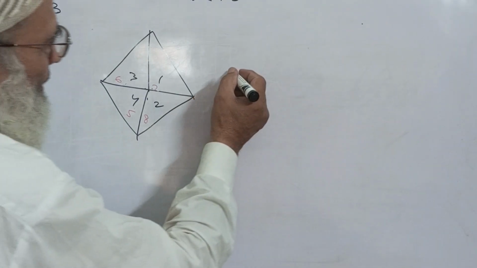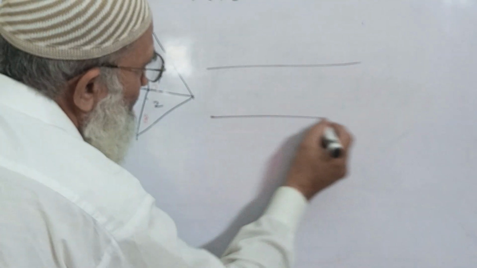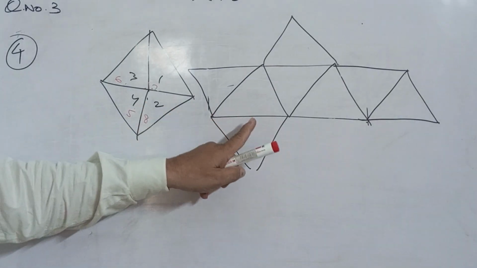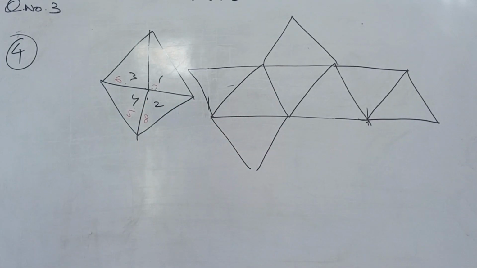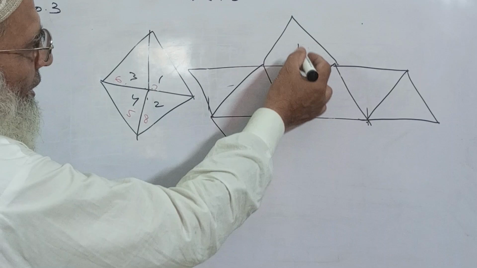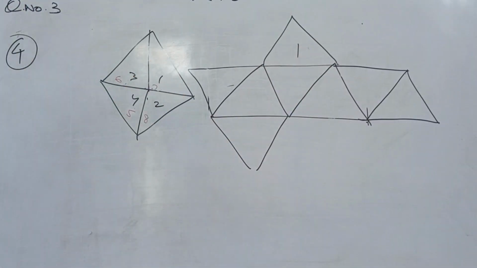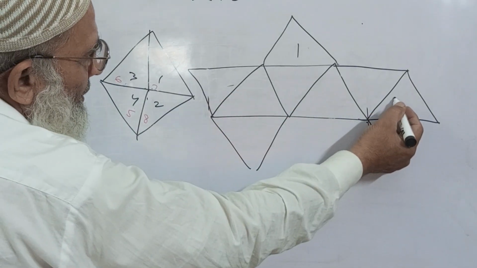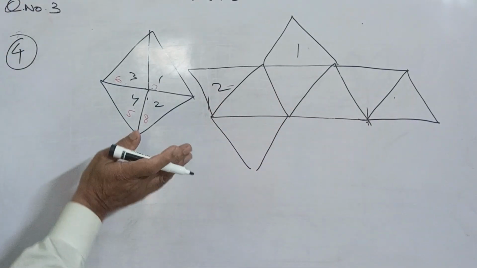You just draw 2 lines over here, 1, 2. Now this figure, when you open it into the net, this sort of figure will appear. And if you want to number it, this is number 1, for example. Then this will be number 2.